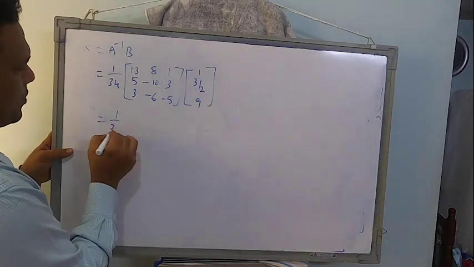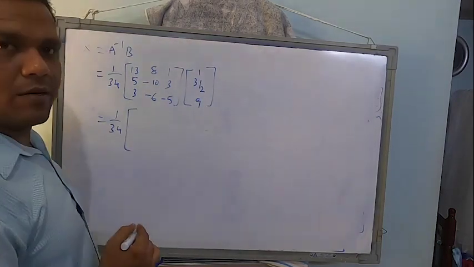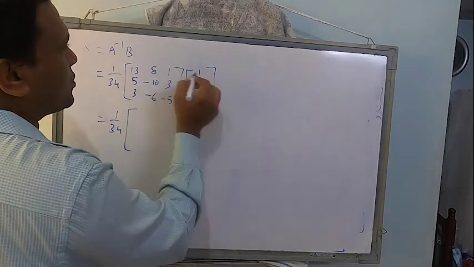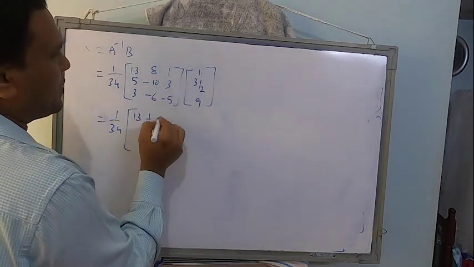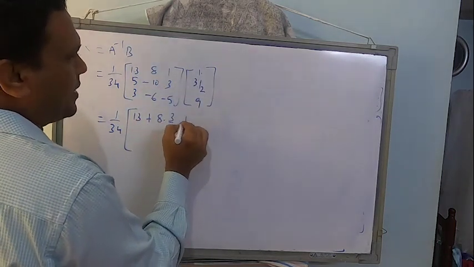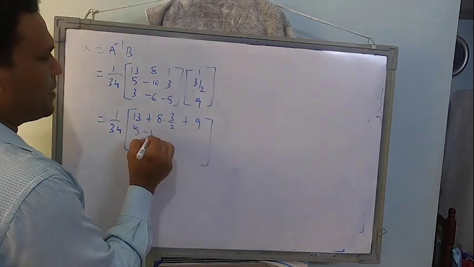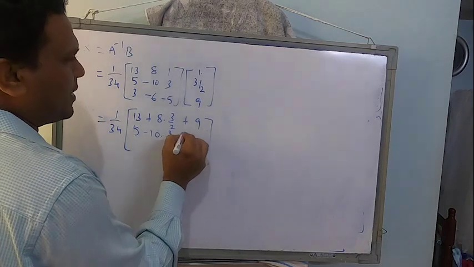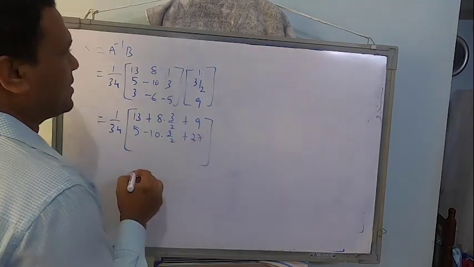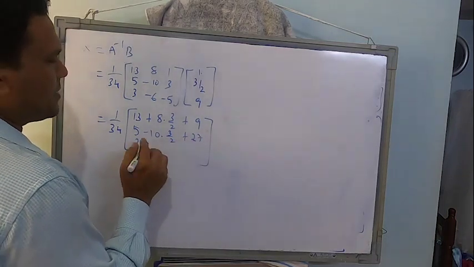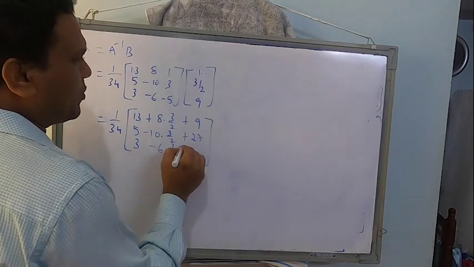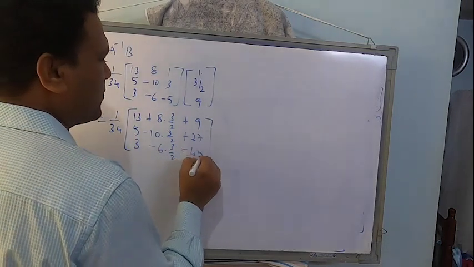So let's go for it. 1 by 34, it's matrix multiplication procedure. So 13 multiplied by 1 will be 13 plus 8 multiplied by 3 by 2 plus 1 multiplied by 9 will be 9. The next is 5 minus 10 multiplied by 3 by 2 plus 27. The next is 3 minus 6 multiplied by 3 by 2 minus 45.